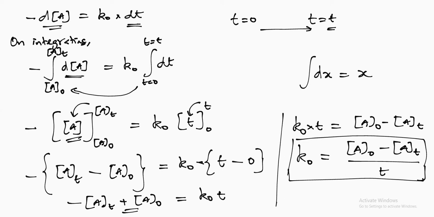K naught equal to A naught minus AT by T, where A naught is the initial concentration of the reactant, AT is the concentration of the reactant at a time t, and T is the time taken.